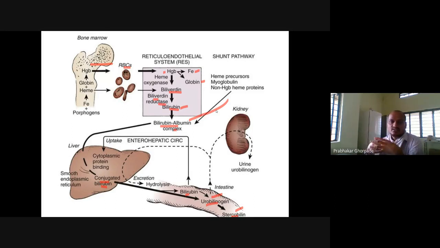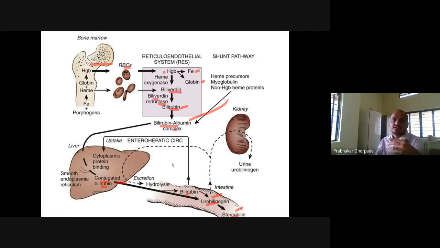And sometimes the liver can be defective, in which case it is hepatic jaundice, and sometimes there can be obstructive jaundice. Obstructive means there can be an obstruction in the bile duct, so the bile duct is not functioning properly.